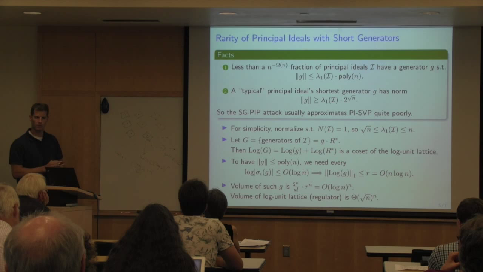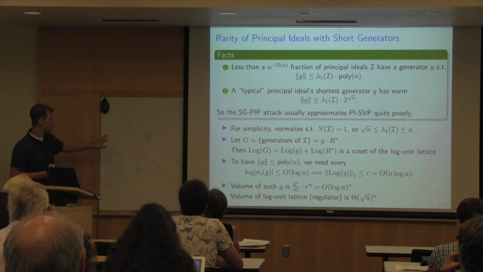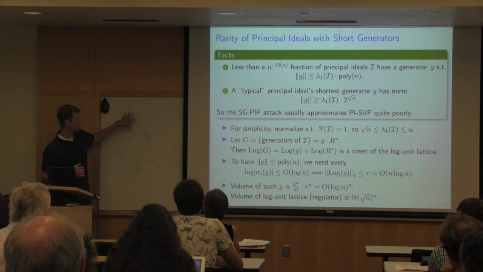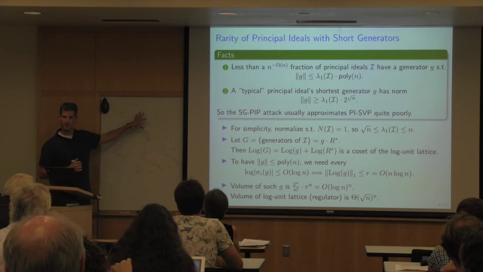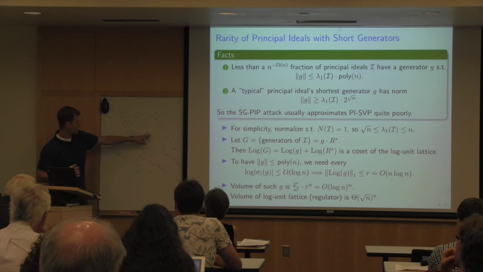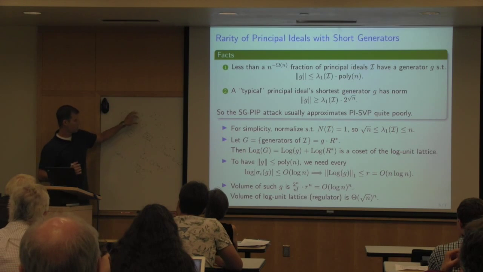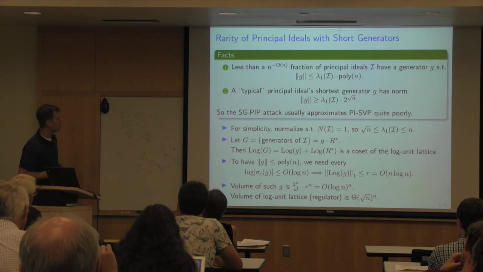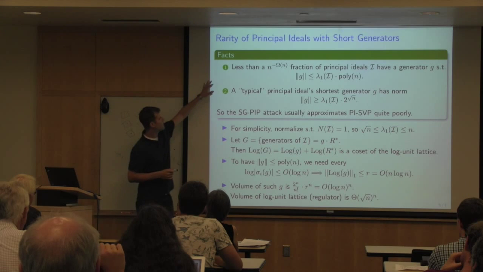So everything makes sense here? Okay. So essentially picking a random principal ideal corresponds to picking a uniformly random coset of this log unit lattice, and only those cosets which lie inside these regions are those that have short generators. So that basically proves number one.